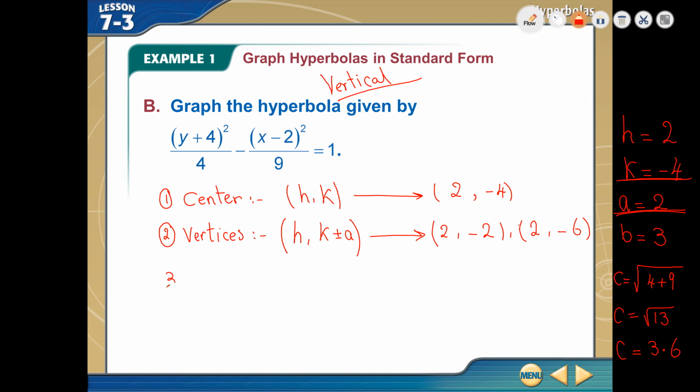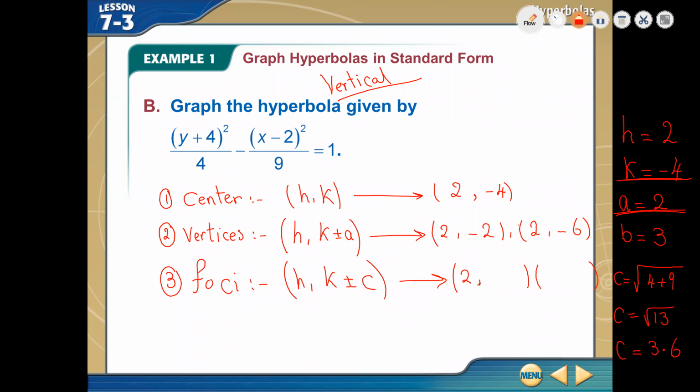Please, you will help me with the third, the foci, quickly. The foci is H, and here K, positive or negative C. Can you give me the answer? It will be 2 and then -4 plus or minus C. What is C?